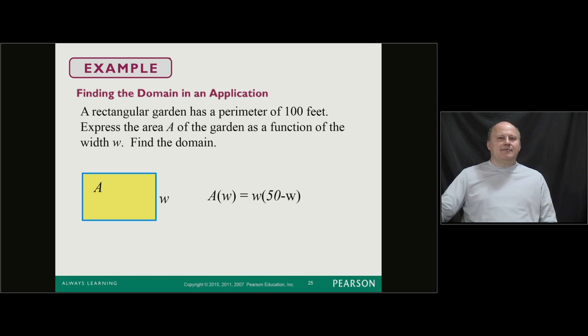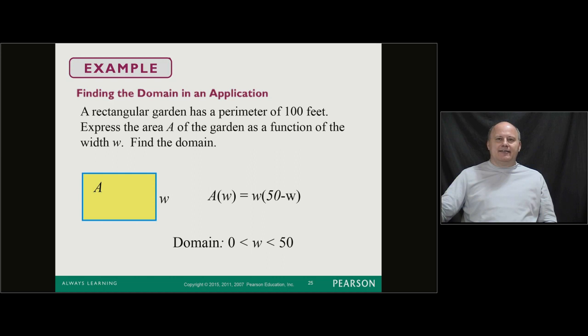Well, if you look at the 50 minus W, anything bigger than 50 is going to make that length negative. Because let's say it's 51, it's going to be 50 minus 51, which is -1, and that's negative. So W has to be positive because of the width, W greater than 0, but it has to be less than 50 because of the length, because anything bigger than 50 would make the length negative.